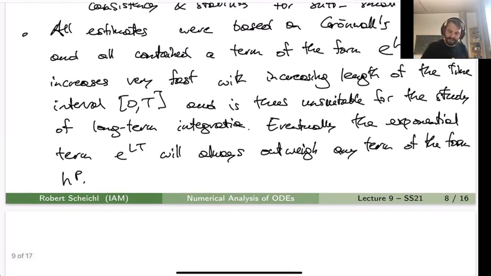On the other hand, we do really want to study long-term processes.